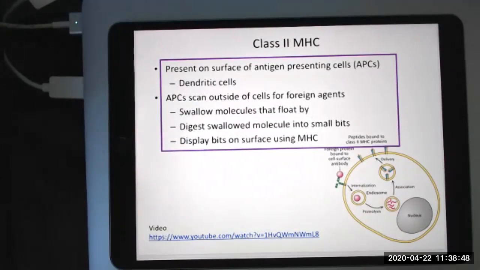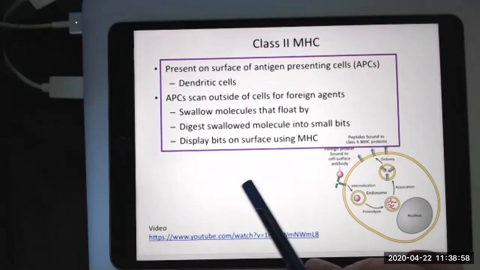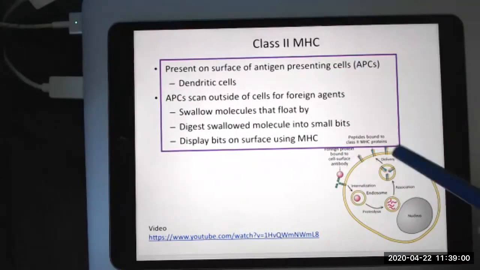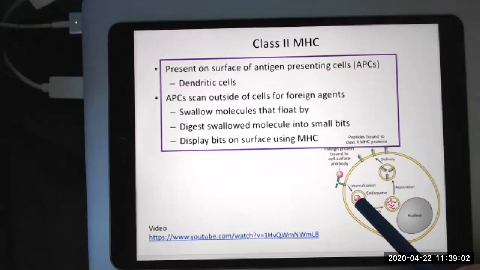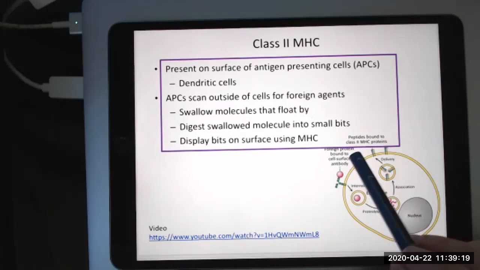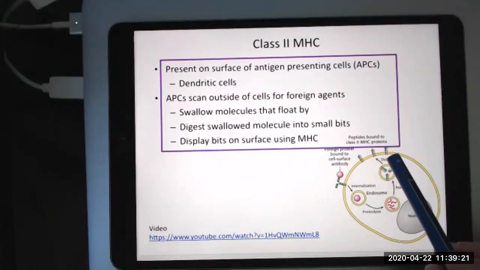They work very similarly to class 1 MHCs, but instead of taking your internal proteins, things that swim by get grabbed, digested, and then displayed on the surface. So it's taking proteins from the outside and displaying them, as opposed to the inside.